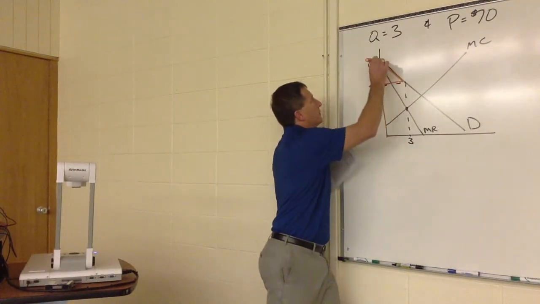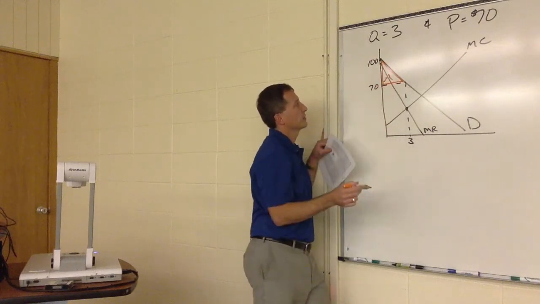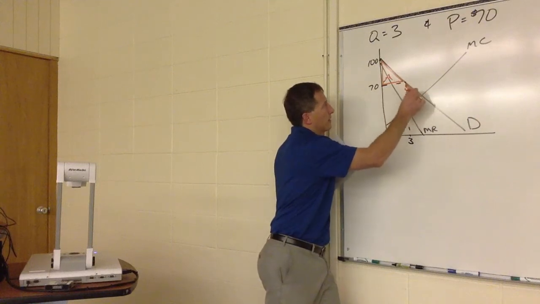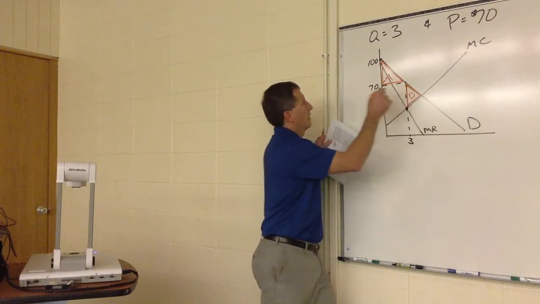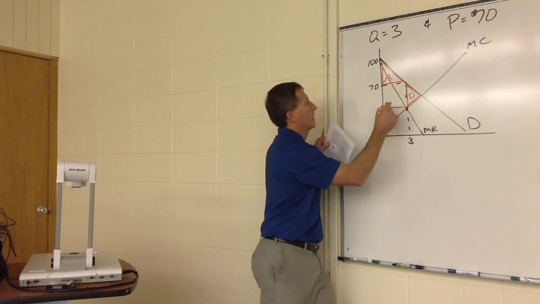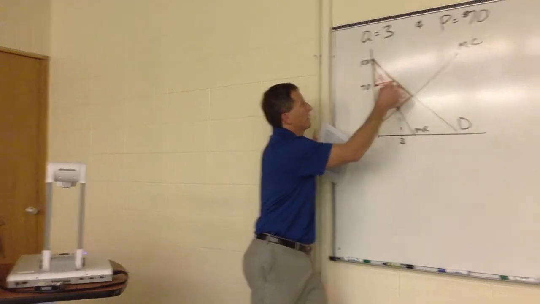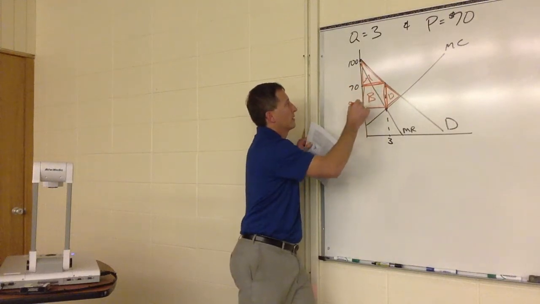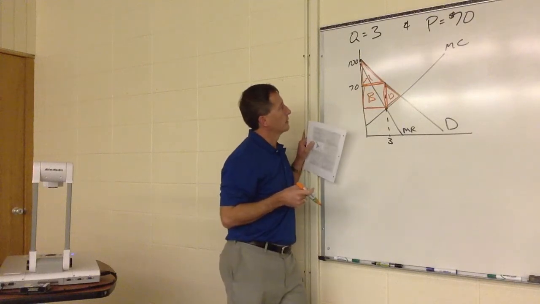What's this? Consumer surplus. Okay, so area A is consumer surplus. What's this? Deadweight loss. This, area B, which covers all that. That one's a little bit trickier.